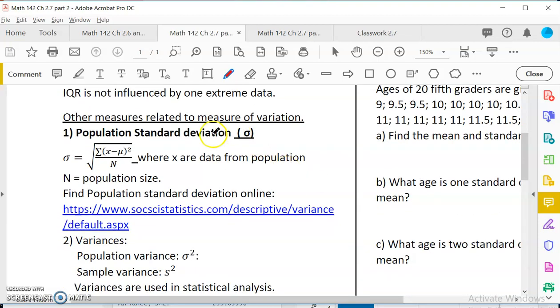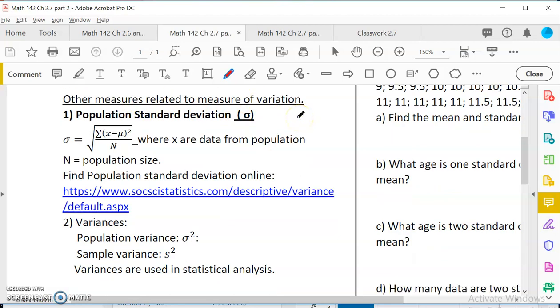Okay, so there are other measures that are related to variation. We don't particularly use them to compare variation, but they are there. The first, of course, is population standard deviation. The whole point of finding S is that it describes how data vary in a sample, and we can use it to estimate the population standard deviation.